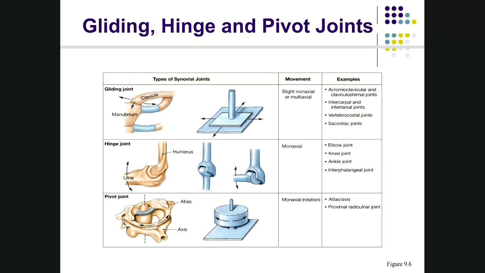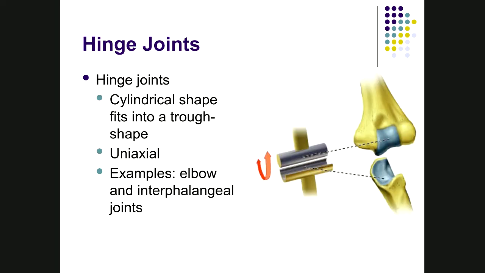Those are all gliding joints. Let's look at the hinge joint. So a hinge joint, again, different shape. Here we have a cylinder shape in kind of a trough. And what we get is sort of a swinging movement, kind of like the way a door opens and closes.